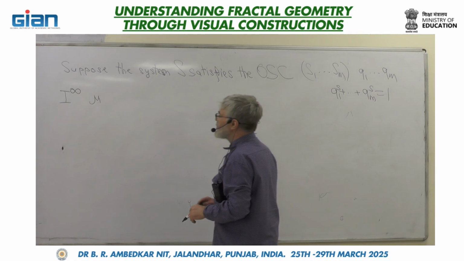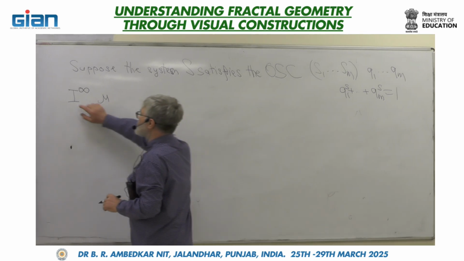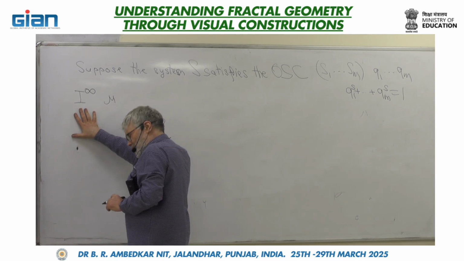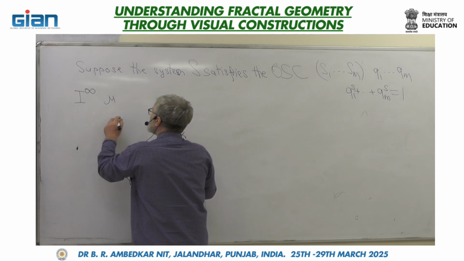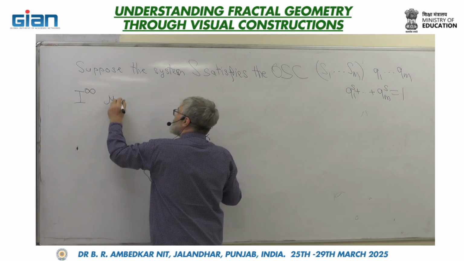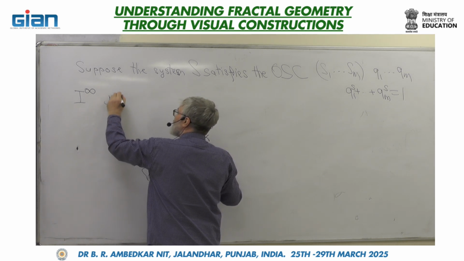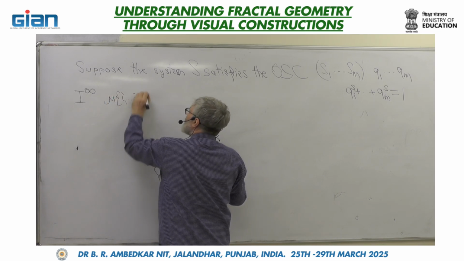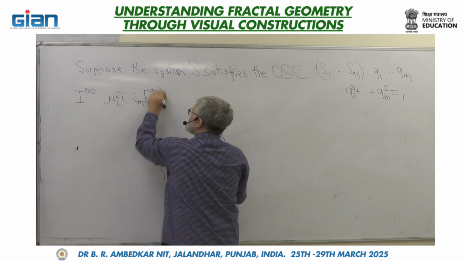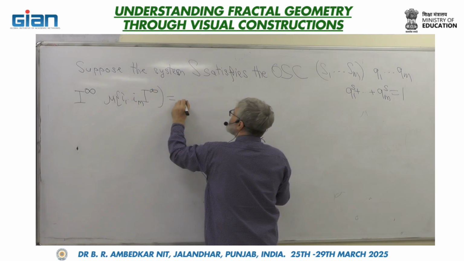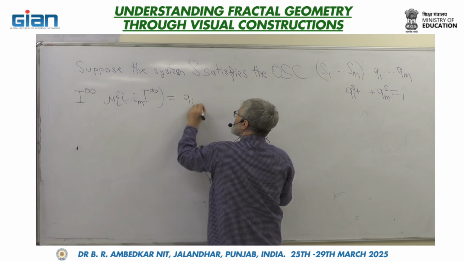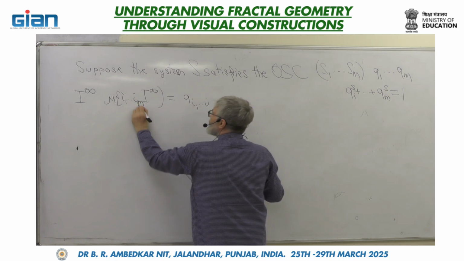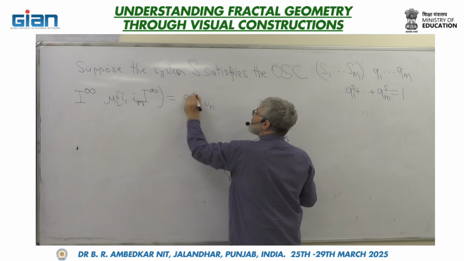And for this similarity dimension, we introduced a natural measure on I infinity, which is defined by the equation mu of the cylinder [i1 ... in] is equal to q_{i1...in} to the power of s.